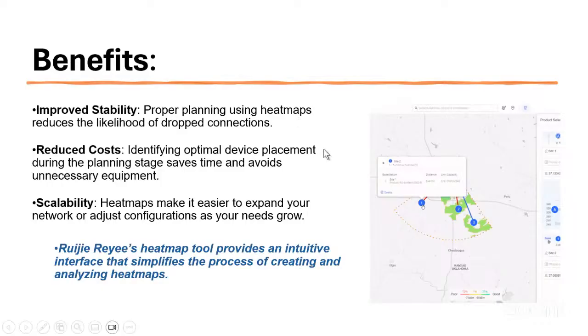A proper plan using heat maps reduces the likelihood of dropped connections. Second, reducing cost. By identifying optimal device placement during the planning stage, it saves a lot of time and avoids unnecessary equipment. And third, scalability. Heat maps make it easier to expand your network or adjust configuration as your needs grow. So for all of this, heat maps are very essential today.